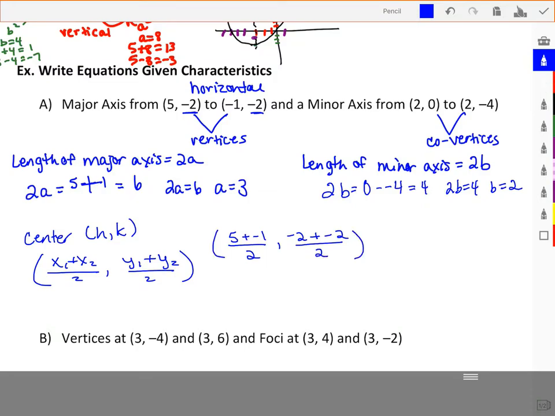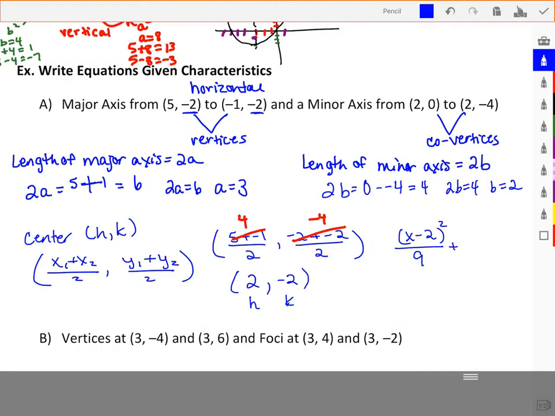5 plus a negative 1 is 4. 4 over 2 is 2. Negative 2 plus negative 2 is negative 4. Divide that by 2 and you have a negative 2. So that right there is h and k. So finally, to write the equation, we have x minus 2 squared over, because this one is horizontal, it's over a squared, so that is 9. 3 squared is 9.